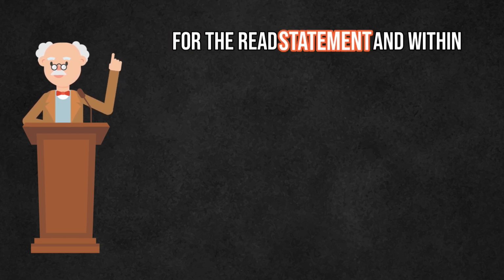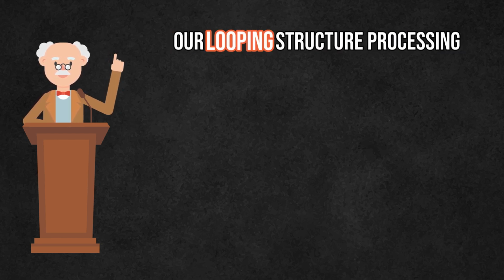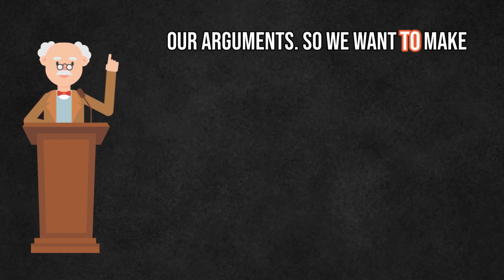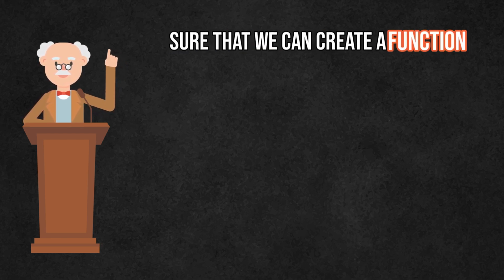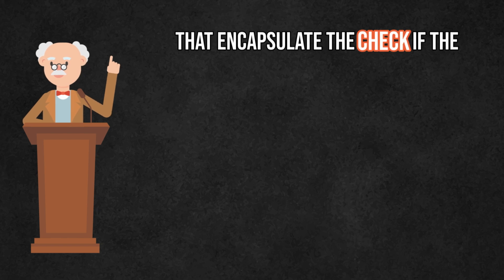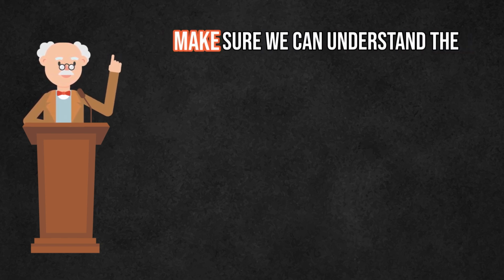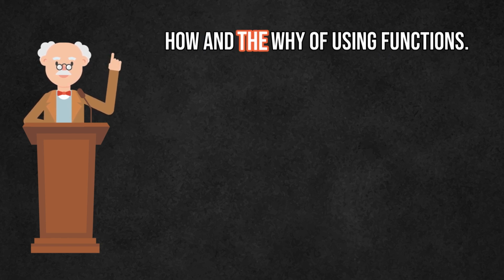For the read statement and within our looping structure, processing our arguments. So we want to make sure that we can create a function that encapsulates the check if the user is already there. Let's make sure we can understand the how and the why of using functions.